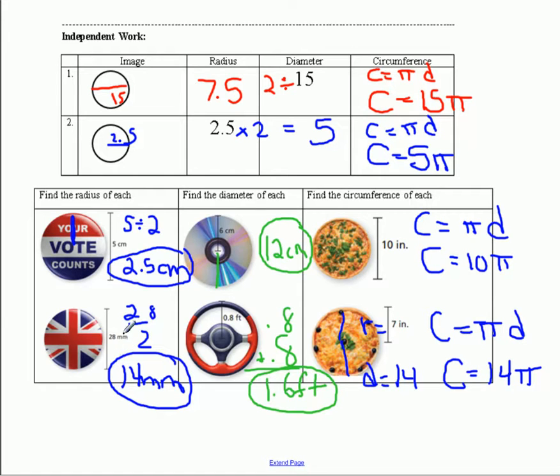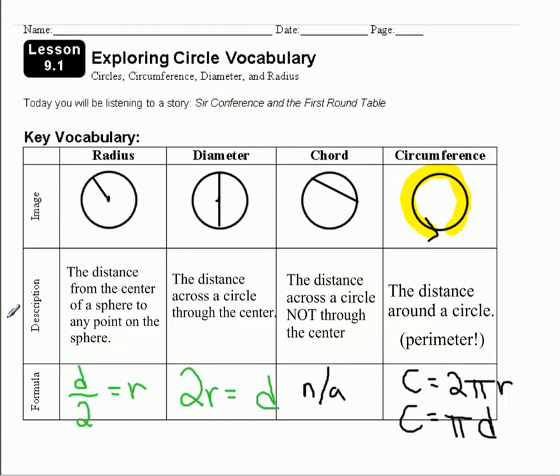So, something to take away from today, you should remember these, most important, these three: radius, diameter, and circumference. Circumference, all the way around the edge of the circle. Remember, the wood was on the edge of the table. Diameter was as tall as the table was standing up.